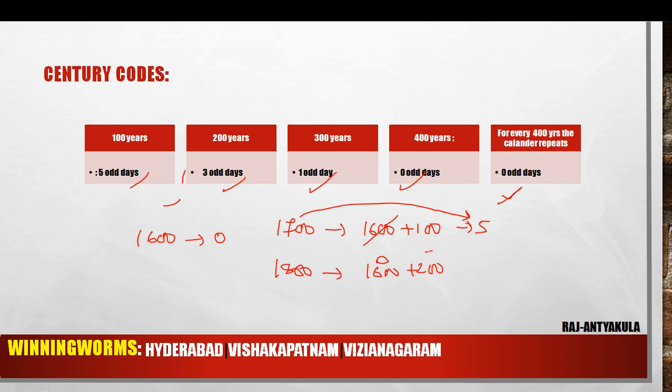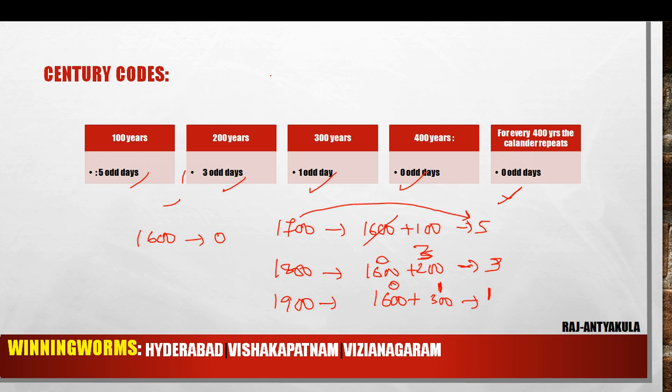For 200, it is 3. So for 1800, the number of odd days is 3. And 1900, how can you write? 1600 plus 300. For 1600 it is 0, for 300 it is 1. So the number of odd days for 1900 is 1.